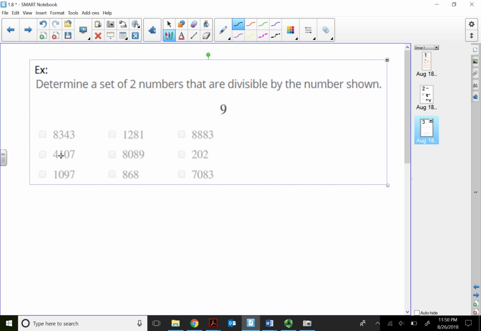So we have to add up all these digits first, real quick, to see if 9 can go into them. So this is 3 plus 3 is 6, 6 plus 4 is 10. 10 plus 8 is 18. So this sum is 18. So 9 can go into 18. That means 9 can go into this big old number.